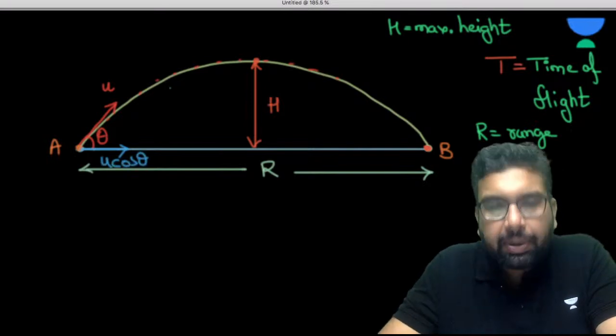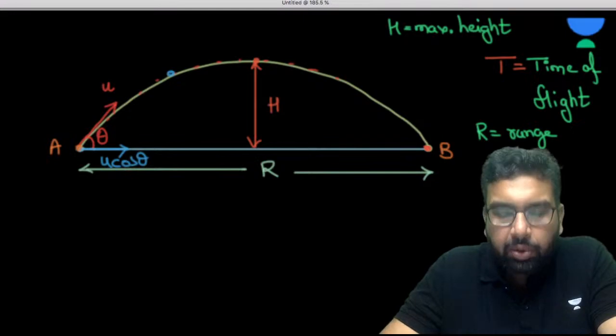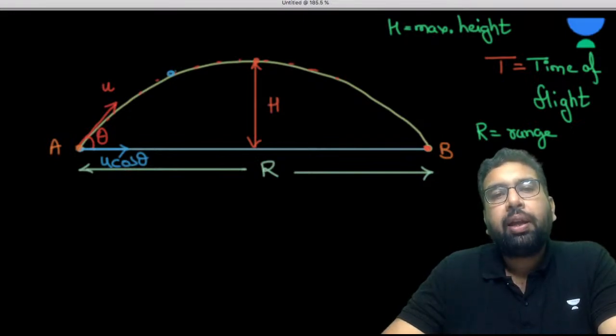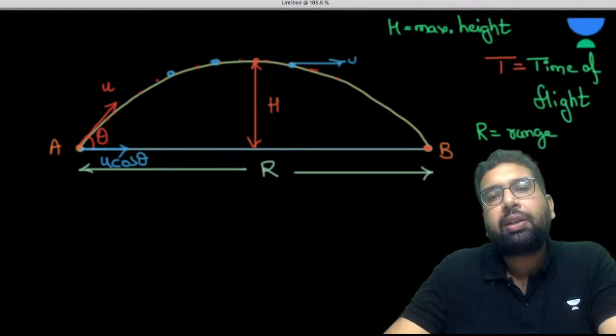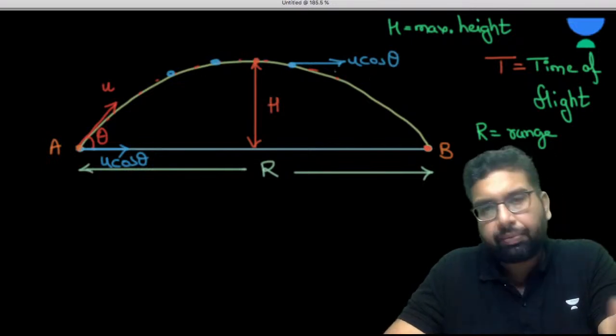Everywhere it goes, it will have the same horizontal velocity, isn't it? Please answer me. Wonderful.